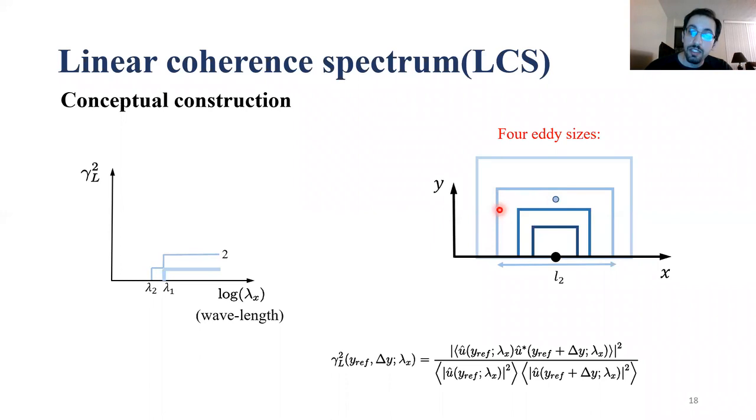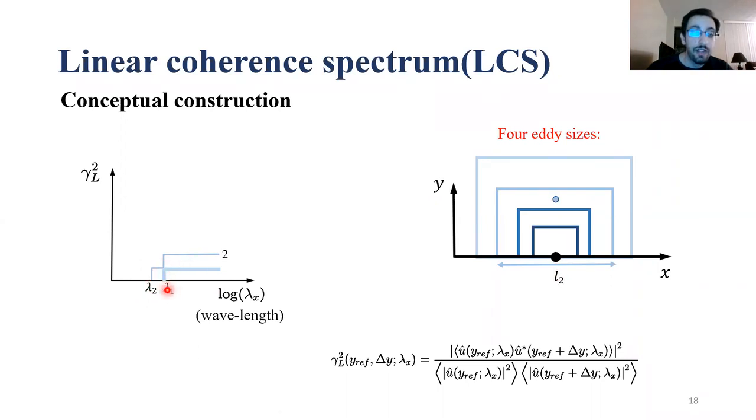Now, because the second eddy has a length of L2, which is smaller than L1, there is associated with that a wavelength lambda 2. So lambda 2 is smaller than lambda 1. Therefore, we will get a finite value of coherence here.